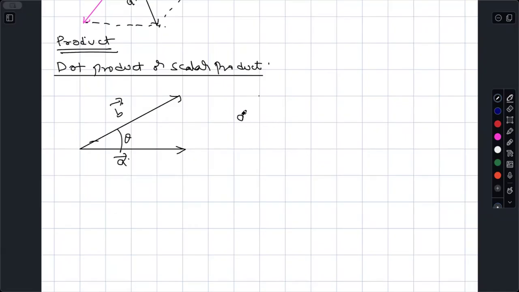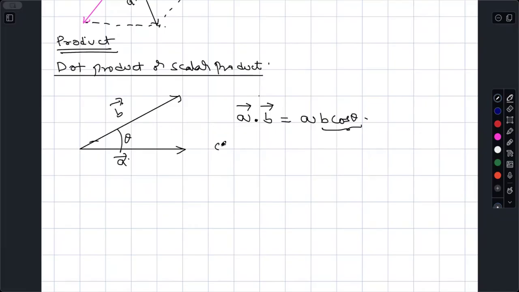Now, A bar dot B bar is defined as A into B into cos theta. Means, for example, the component of B along A is B cos theta. Times A gives A bar dot B bar.